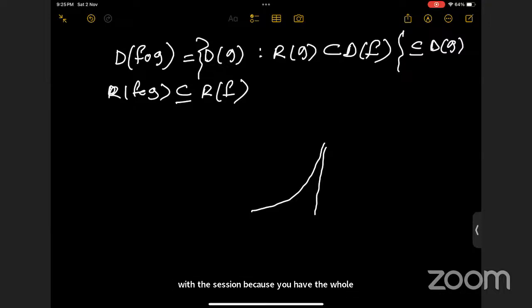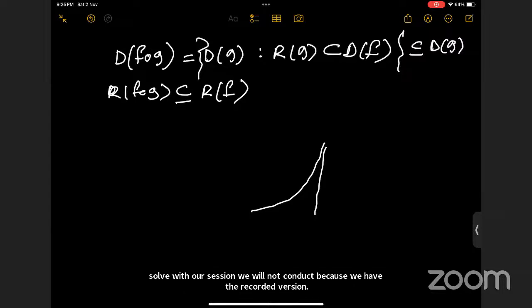But it's supposed to happen every week, and last week nothing. Yes, next week also, but we won't conduct it for 6 weeks. Maybe we will not conduct the Solve With Us session because we have the recorded version. For this week or all the weeks from now? For all the weeks from now.